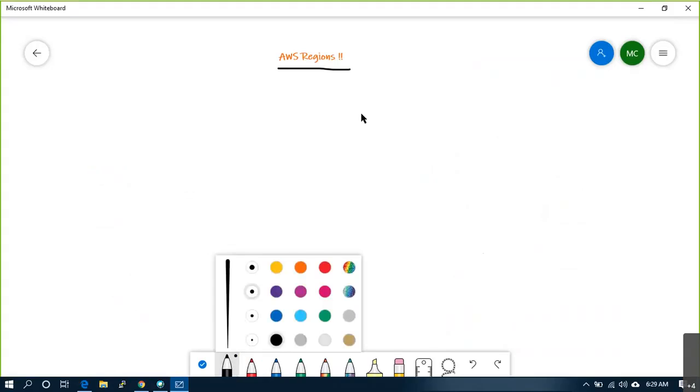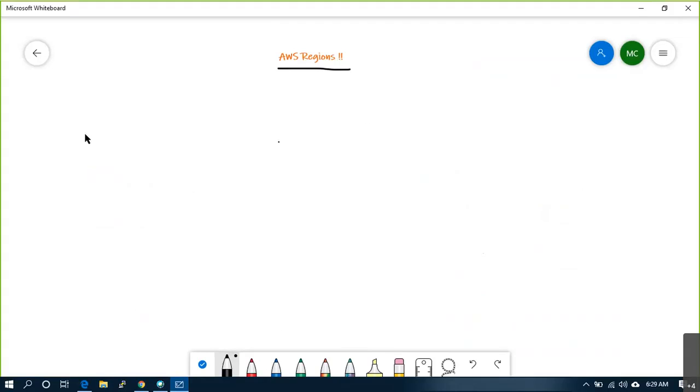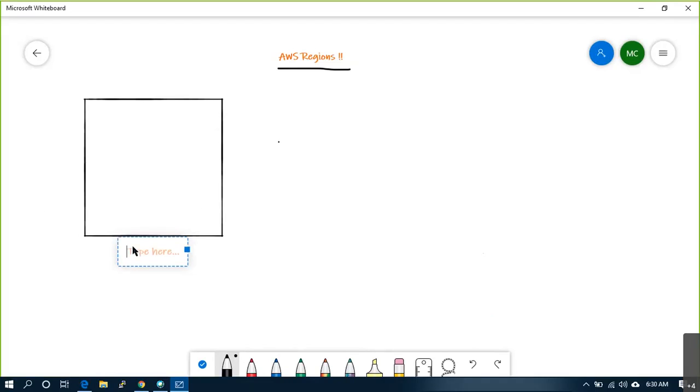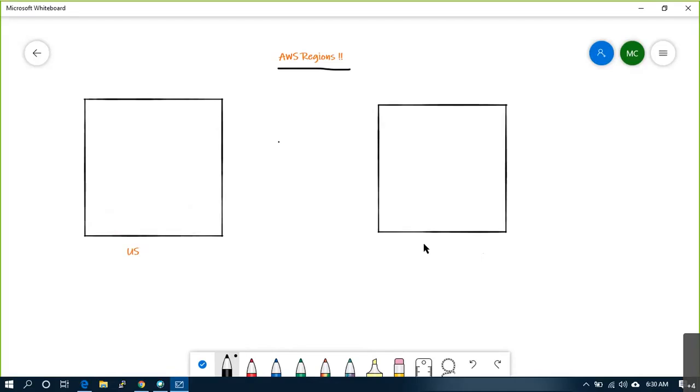Let's take an example. I'm working for a company that has a data center in the US. As I said yesterday, you people are working in a remote office in India.